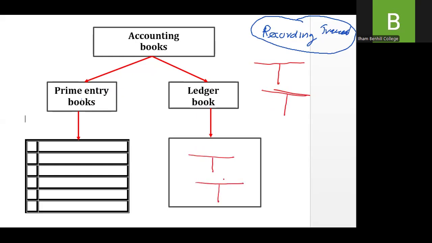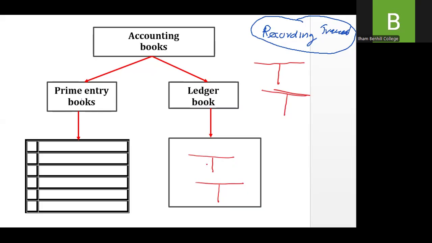Since we draw the accounts in the book of ledger, we call it ledger account or T account because the main structure of this account looks like the capital letter T. So we call it T account, right?